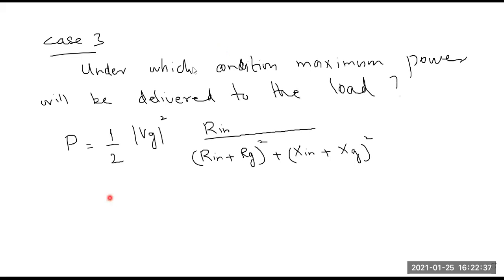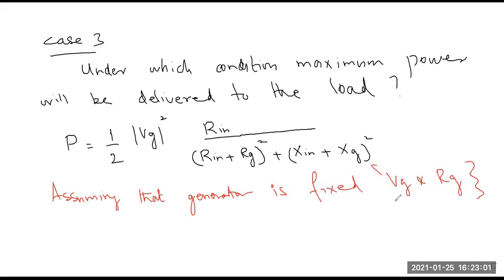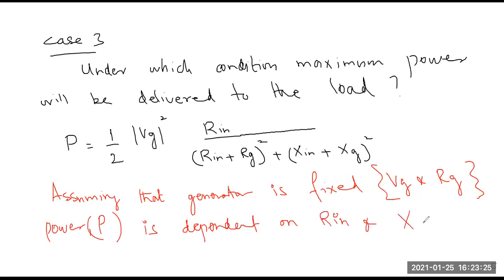So what I want to say about this case is, assuming the generator is fixed, Vg and Rg, the power, that is P, is dependent on Rn and Xn.